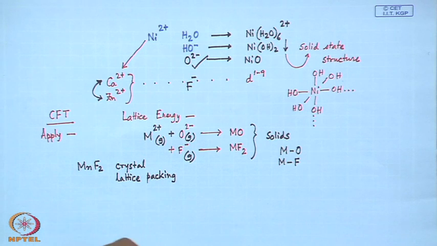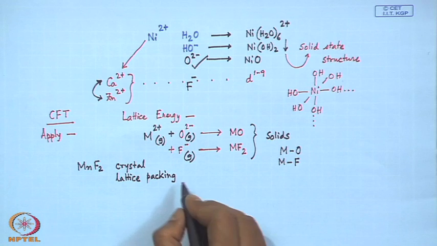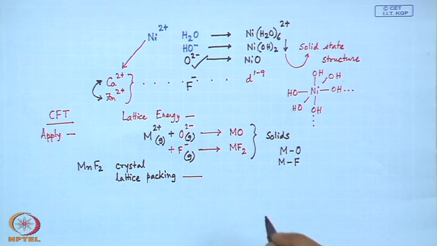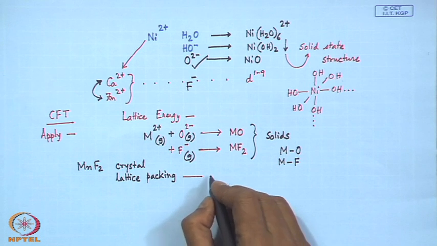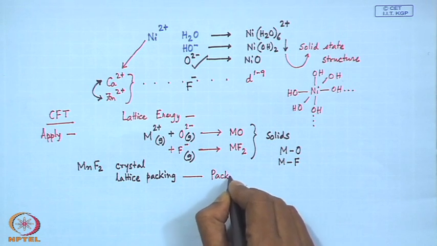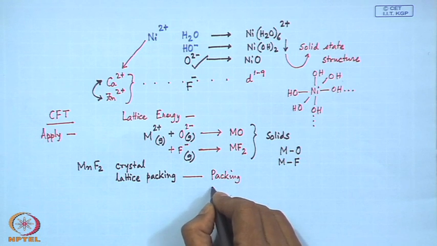While we determine the crystal structures, we see that along the different axes of x, y and z, and along a, b, c, we have a typical packing, and that gives rise to a nice packing diagram for these structures.